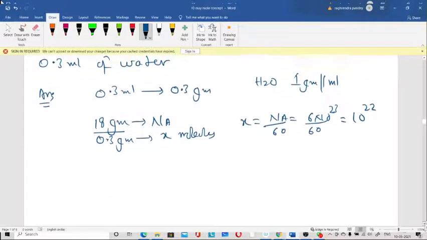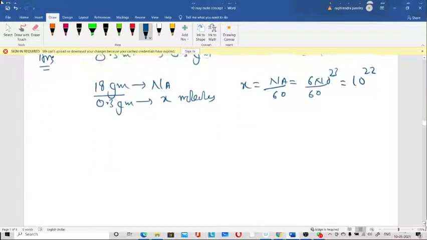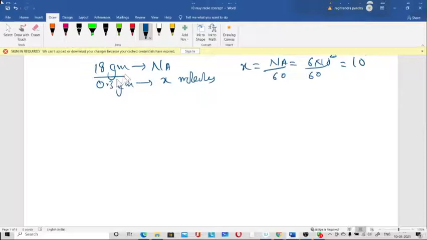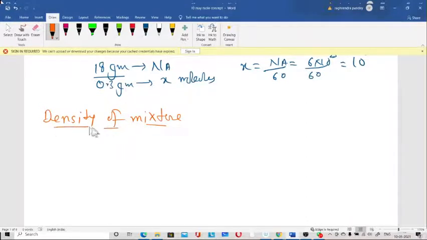Another concept is mixing. What is the density after mixing? Another concept is density of mixture. When we mix two liquids, what is the density?